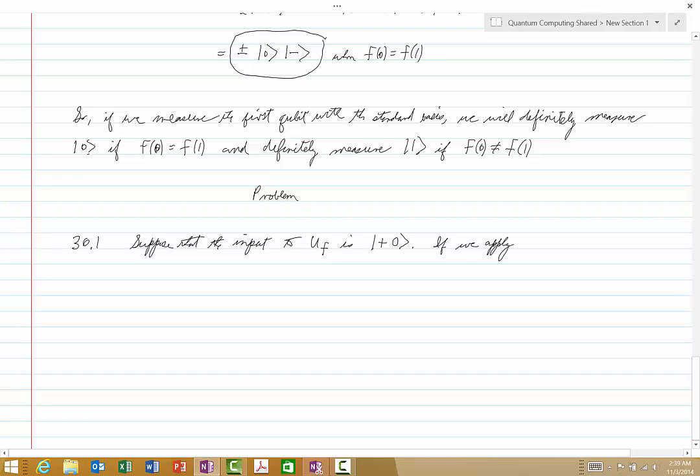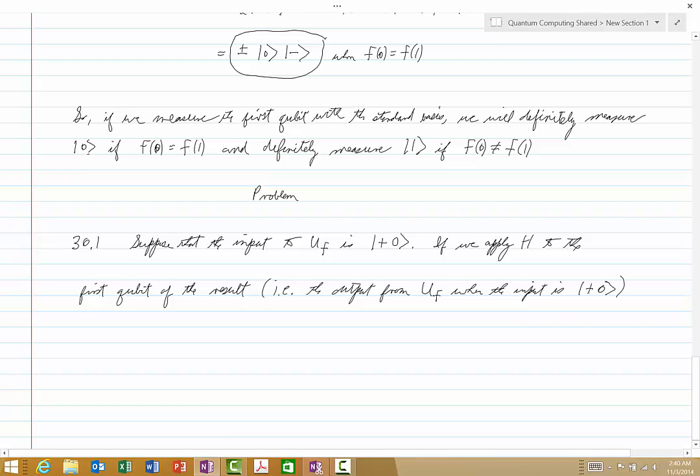Let's just say if we apply H to the first qubit of the result, and what I mean by result is the result you get, i.e. the output from U_f when the input is plus 0. That's what I mean by the result.